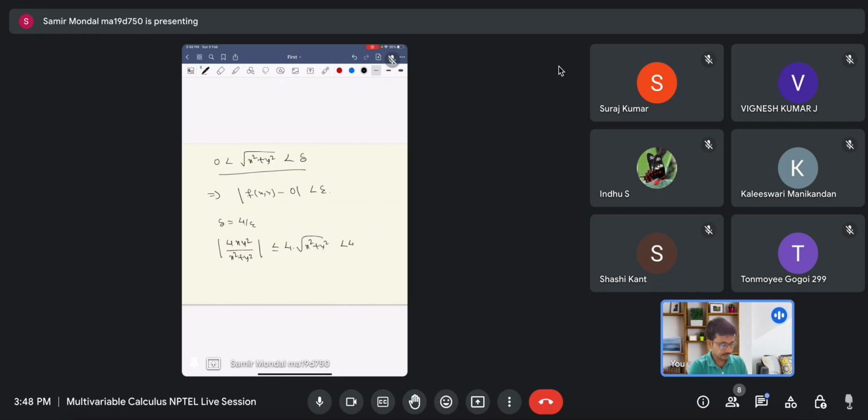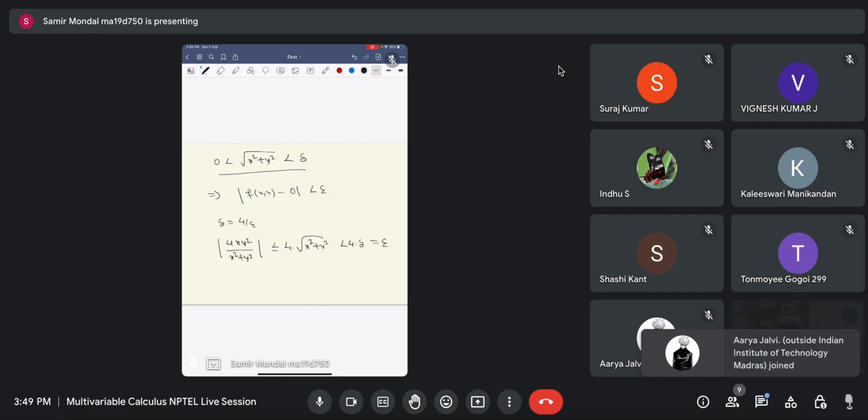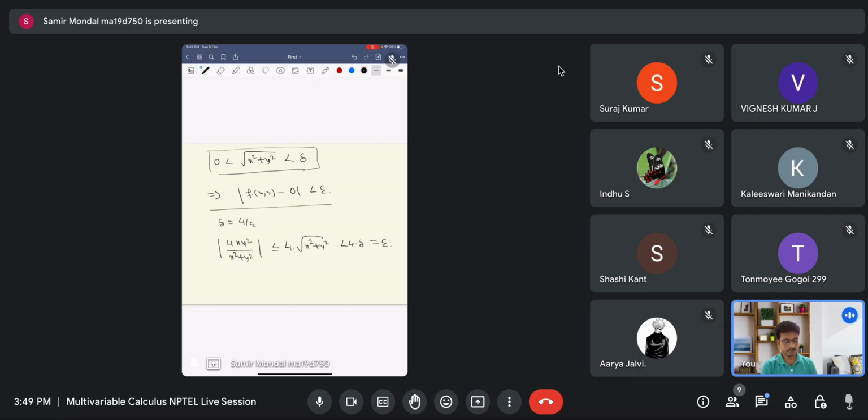This is less than 4 delta, which is equal to epsilon. So in this disc we are getting this one. So what is the limit of the function? The limit of the function when (x, y) is approaching (0, 0) is 0. Is it fine? Please tell me.